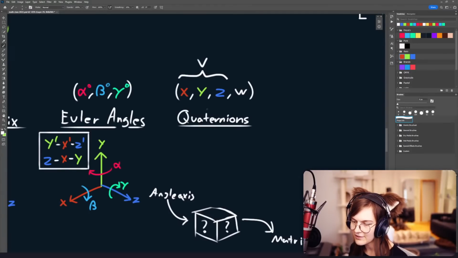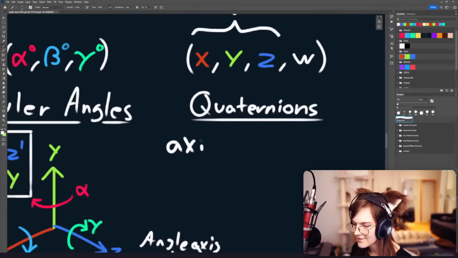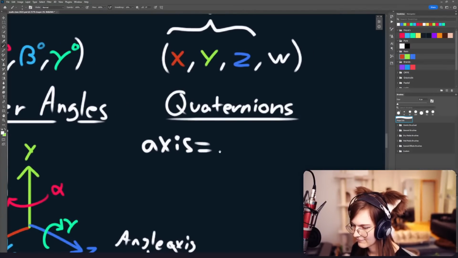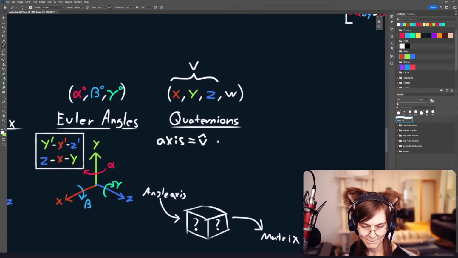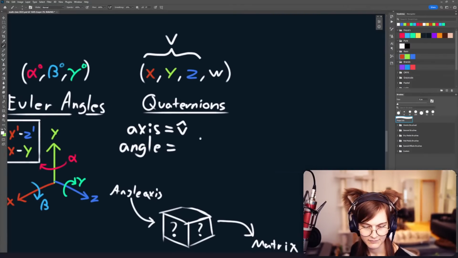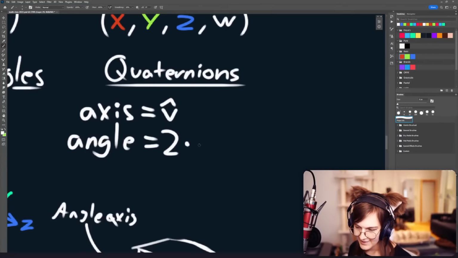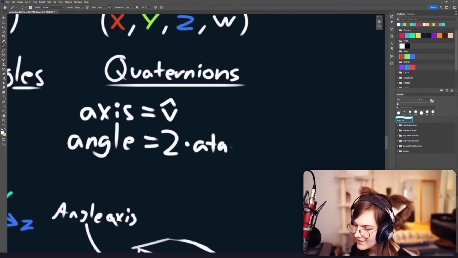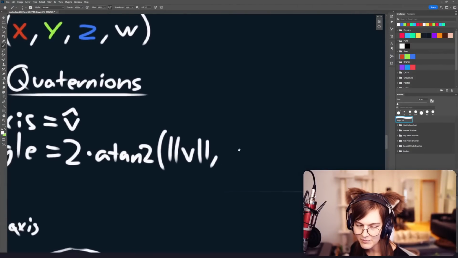Okay, so if you want to recover the angle axis format of quaternions, then the axis is the normalized version of v, and the angle is 2 multiplied by a function called atan2, and we pass in the magnitude of v, and as a second component we pass in w.